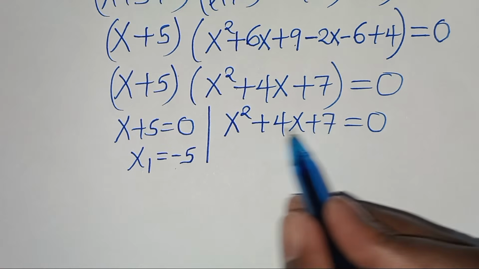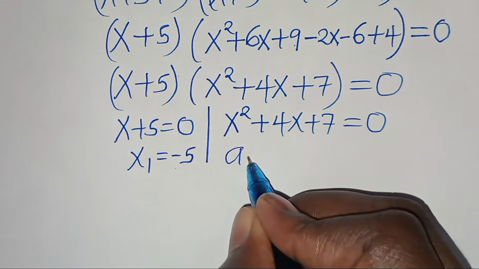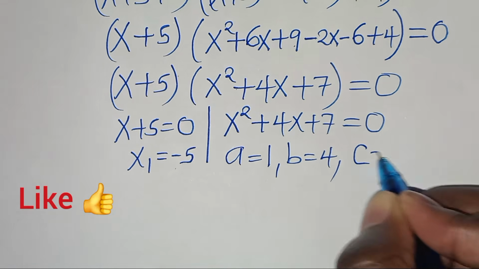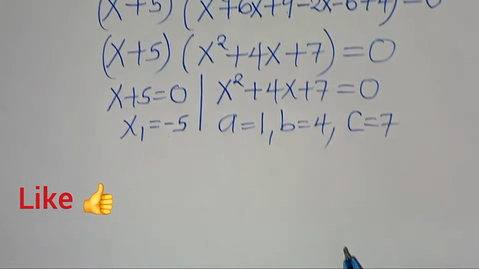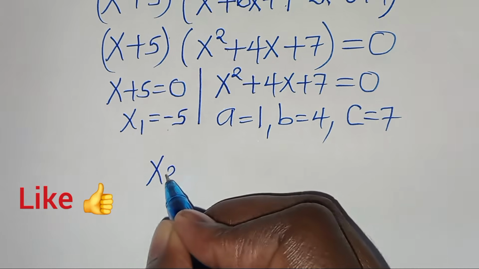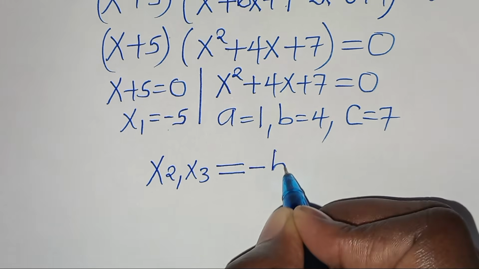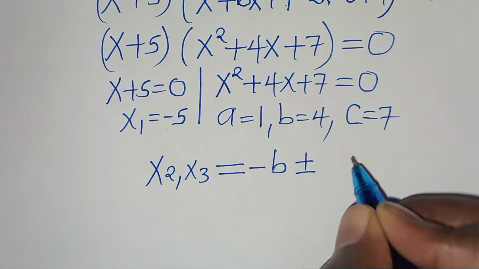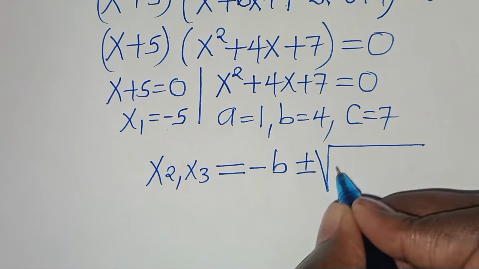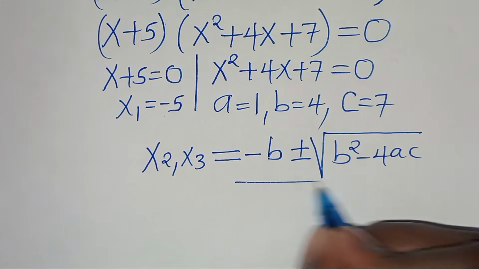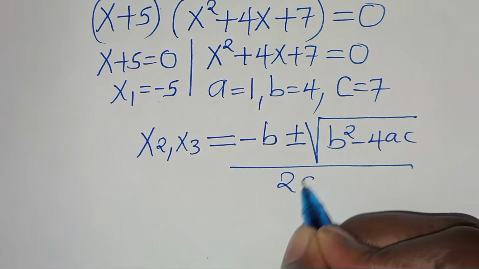The second part is a quadratic equation with a equal to 1, b equal to 4, and c equal to 7. We can solve for x2, x3 by applying the quadratic formula: minus b plus or minus the square root of b squared minus 4ac, all divided by 2a.